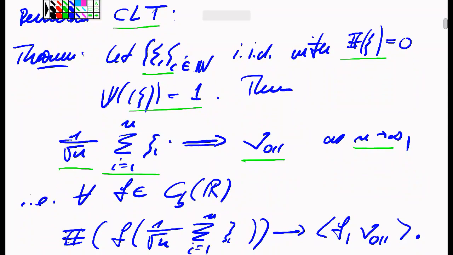What does that mean? Convergence in law can be defined as follows.